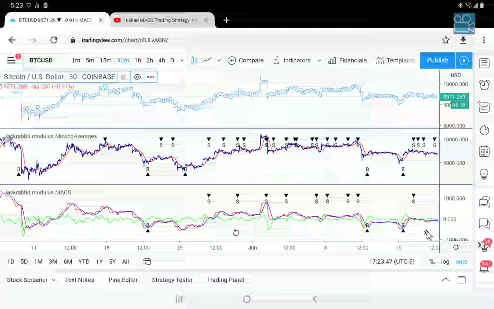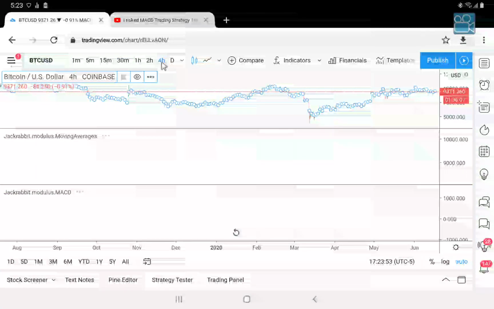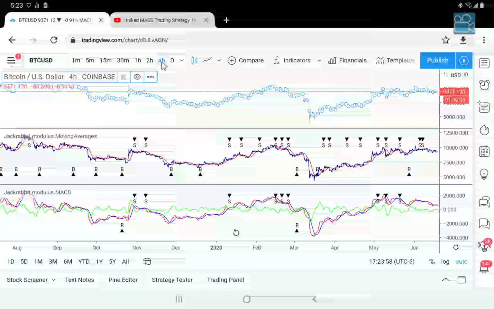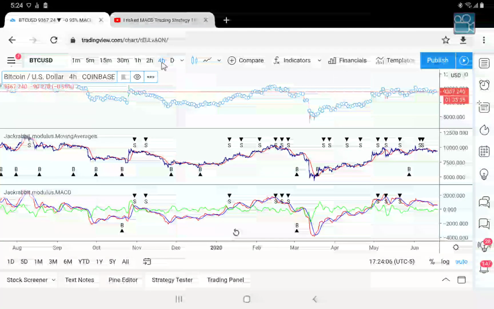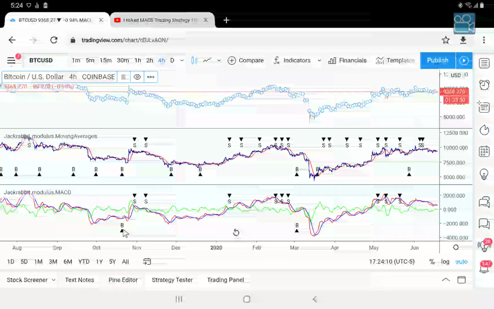So let's go back to the beginning. Let's go to the 4-hour chart. A lot of long-term trading occurs here. This is where a lot of people put big money, literally $1,000 positions. So for a $1,000 position, buy here, sell here, boom, you're in, you're out.